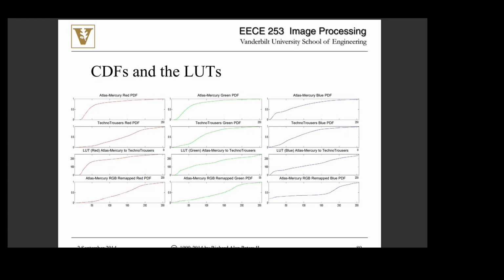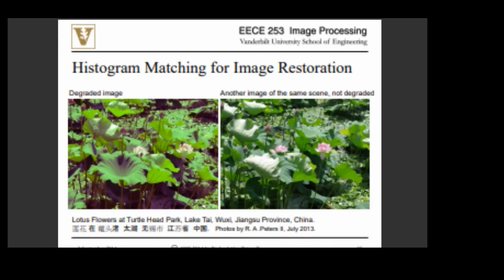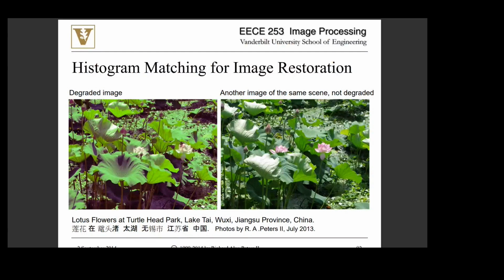And then this is the lookup table. This is the process that we have done of finding the best matching CDF. And then this is how it looks after applying the lookup table. This is transformed into this one, and this is transformed into this one. This is not exactly the same as the one that we wanted, but it is much more similar. And then using that, you can make these corrections.